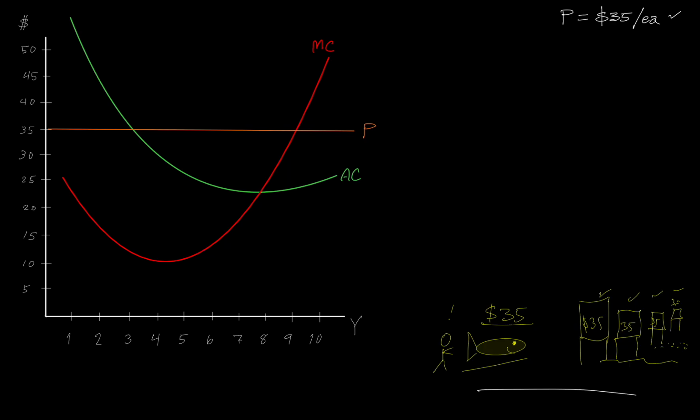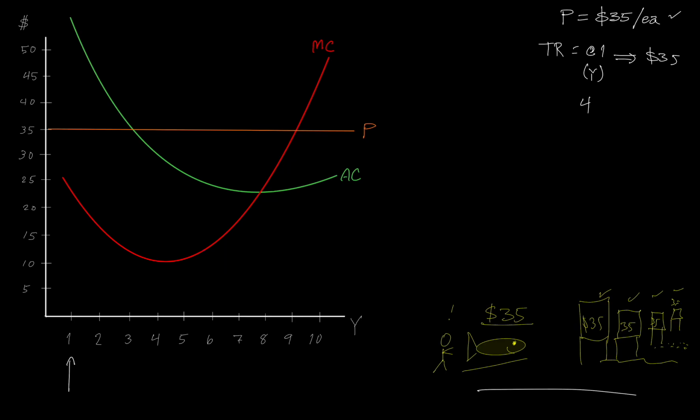So if I sell one fish, what's my total revenue? Total revenue at one unit of output, we'll say, keeping it sort of economic here. Well, my total revenue now is going to be $35, right? What if I sold four? What if I had four fish?